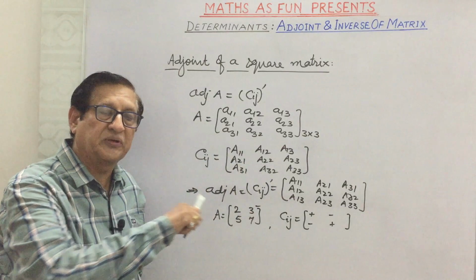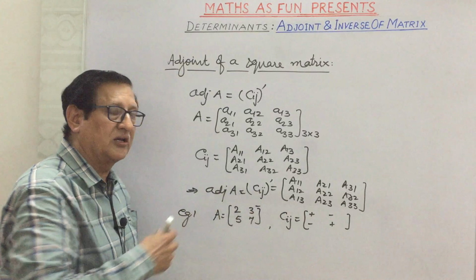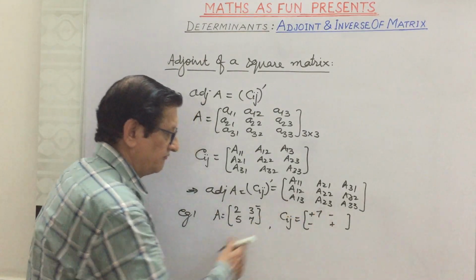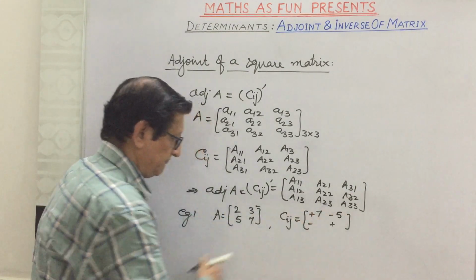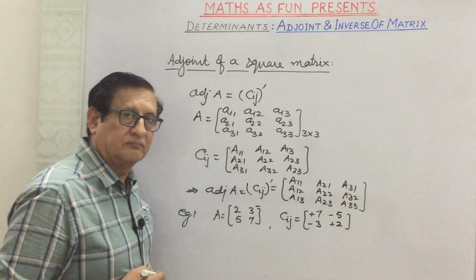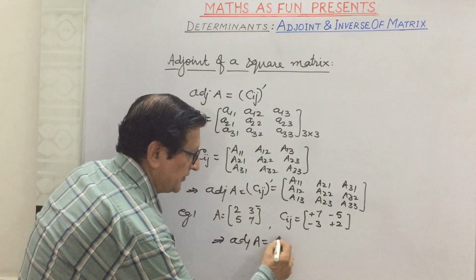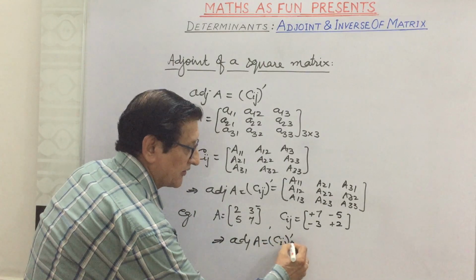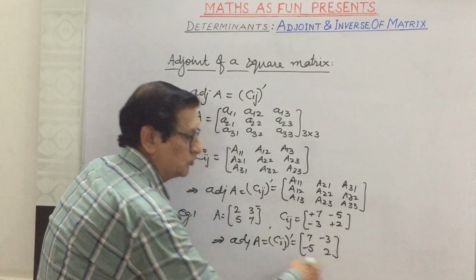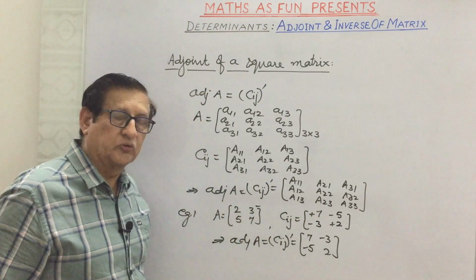This we have already learnt in the previous video, that we can substitute the signs first and then we can put the values of the minors. Then the minor of 2 here is 7, that of 3 is 5, that of 5 is 3 and that of 7 is 2. Then the adjoint of A will be the transpose of Cij, and that will be 7, minus 5, minus 3, 2. Like this we can find out the adjoint of a matrix of order 2 into 2.